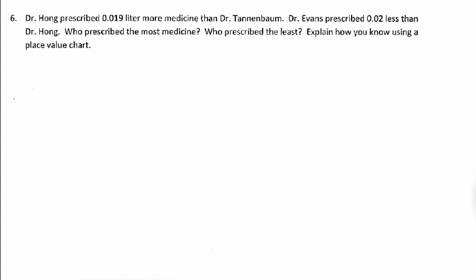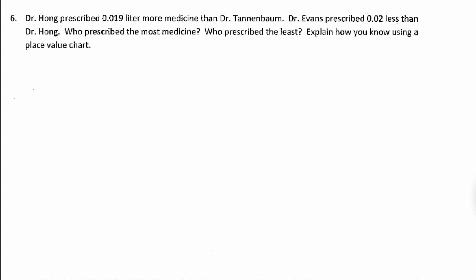Who prescribed the most medicine? Who prescribed the least? Explain how you know using a place value chart. This is one of those I hated when I was a kid growing up, as in who did it? I still never knew who did it by the time I was done.